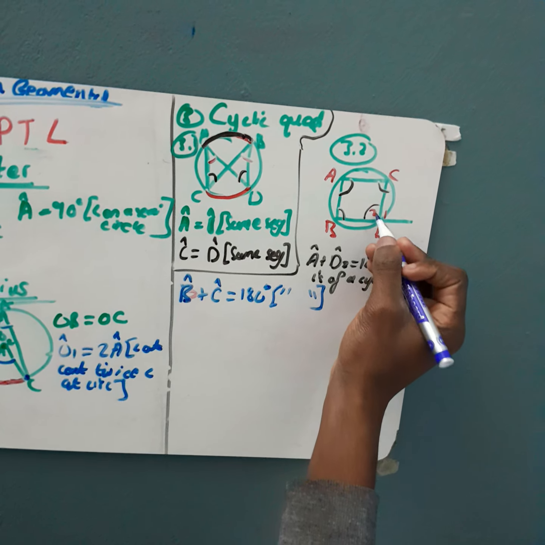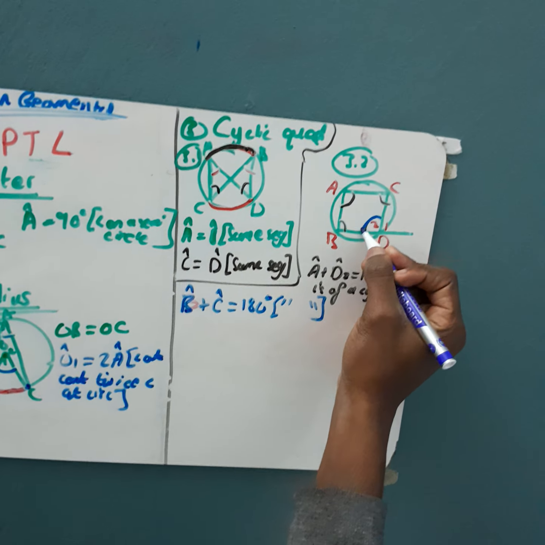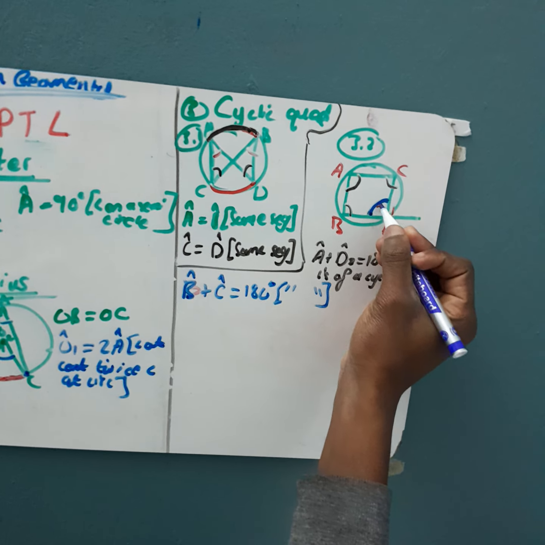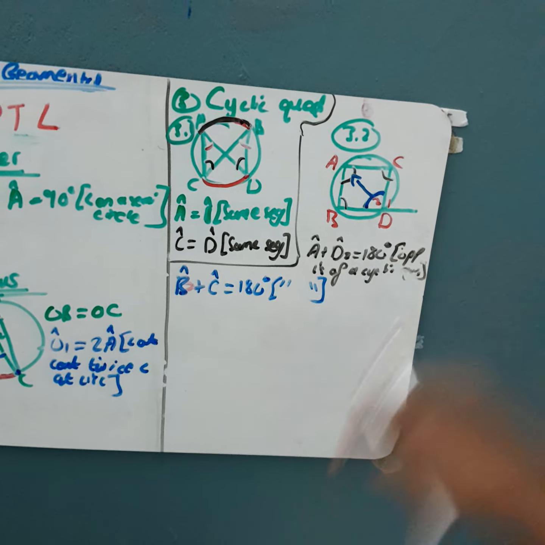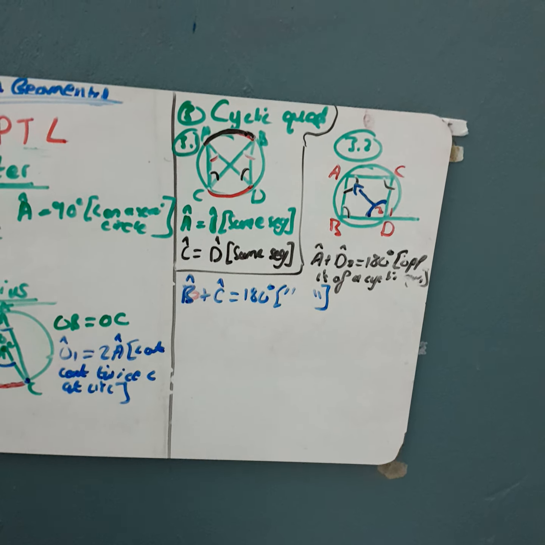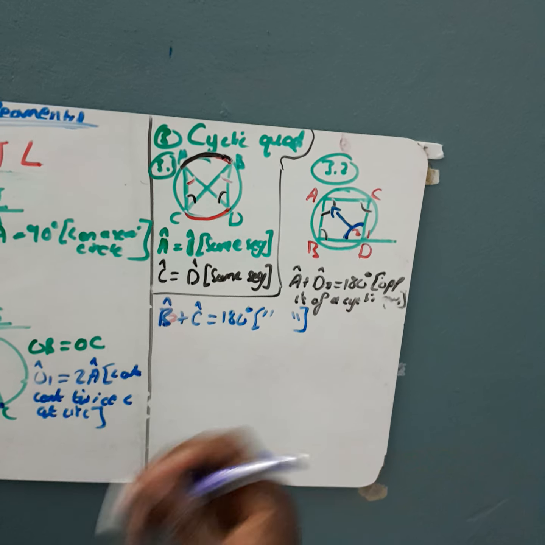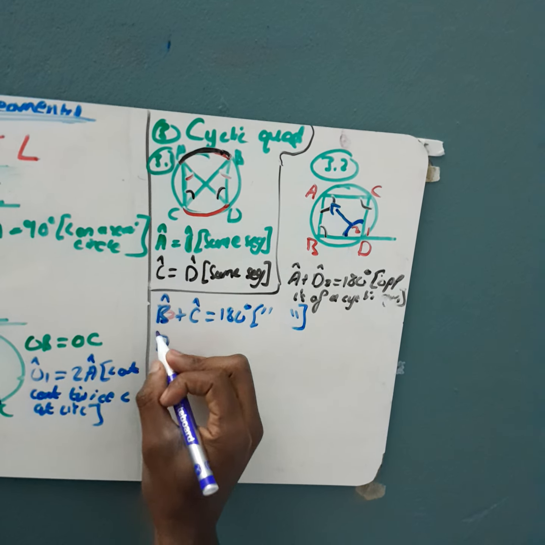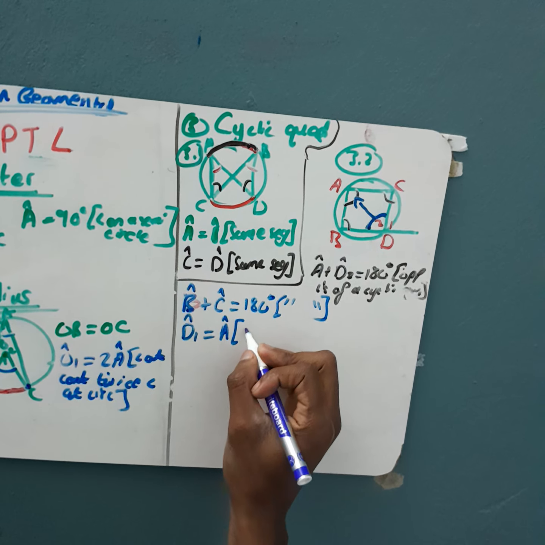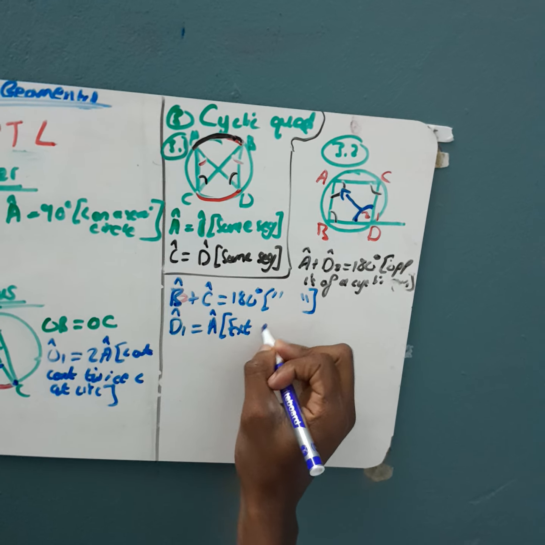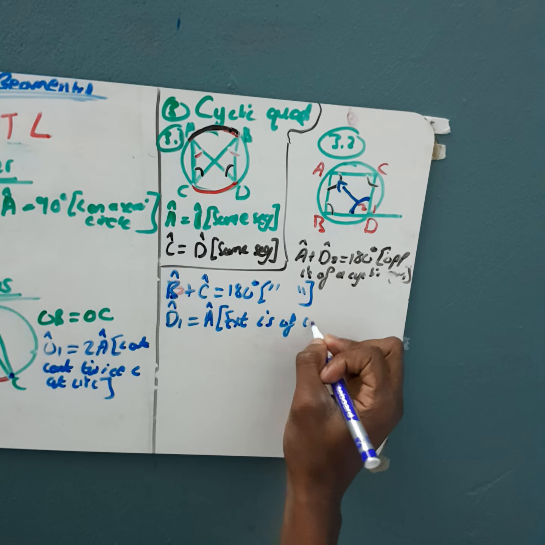The interior angle we're talking about is D2. What is the opposite of that D2? It's angle A. So the exterior angle of a cyclic quad equals the opposite interior angle. Now we're going to say angle D1 equals angle A. The reason is exterior angle of a cyclic quad.